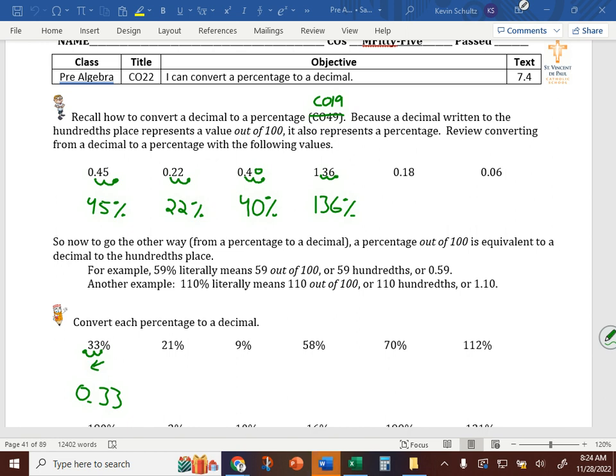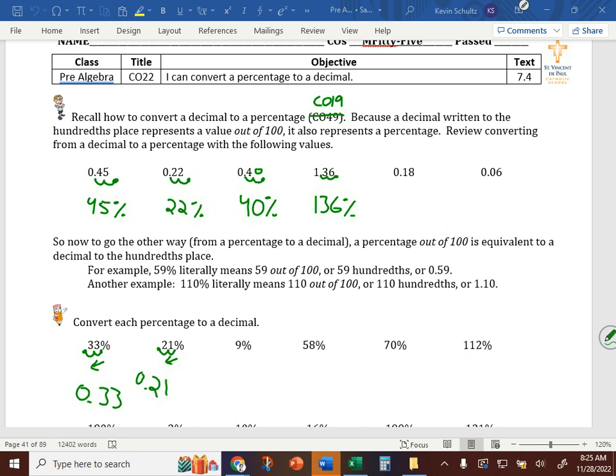21% as a decimal, move that decimal to the left 2 spots. 0.21. What would 9% be? 9%. Think of where 9% is in that number line from 0% to 100%.